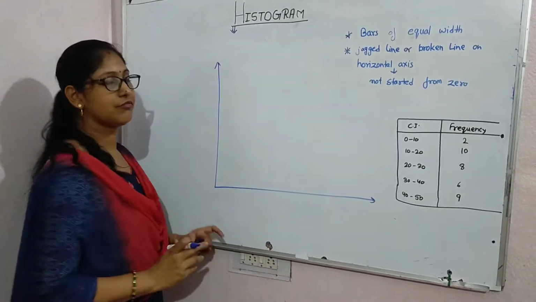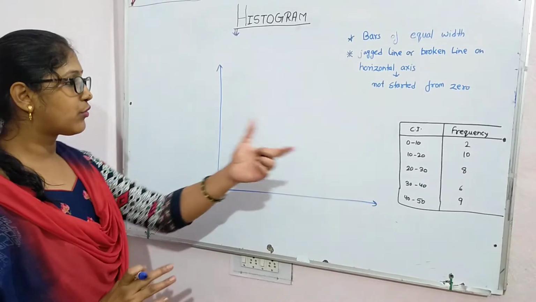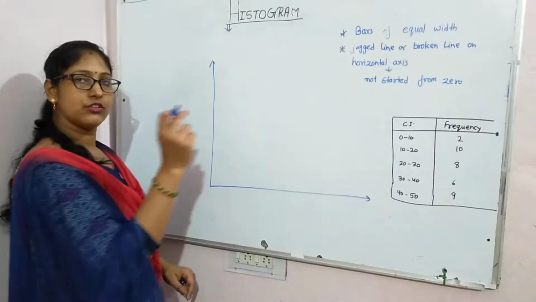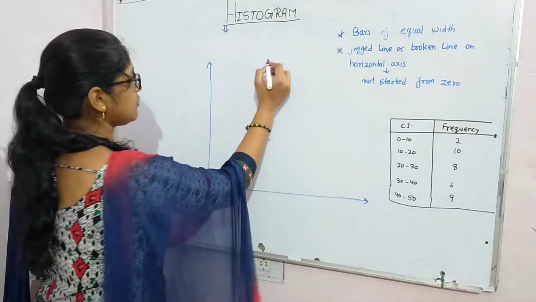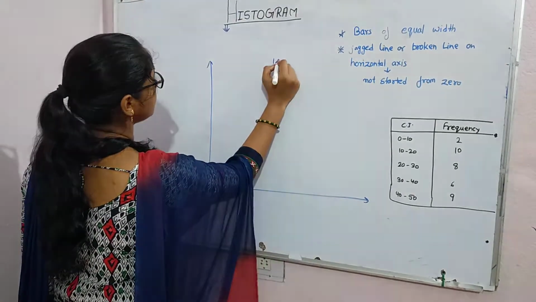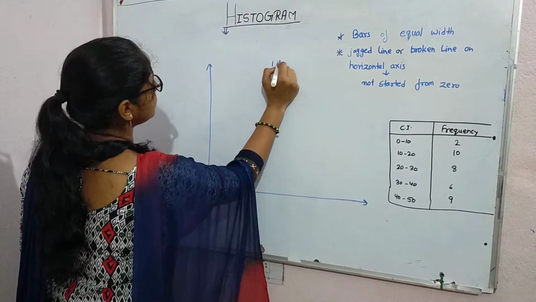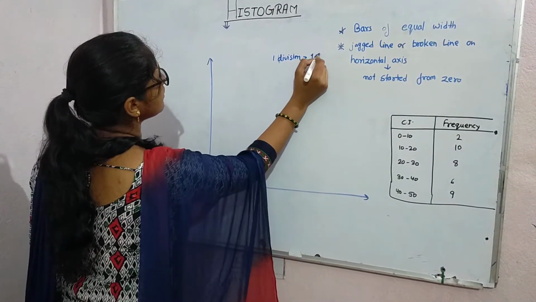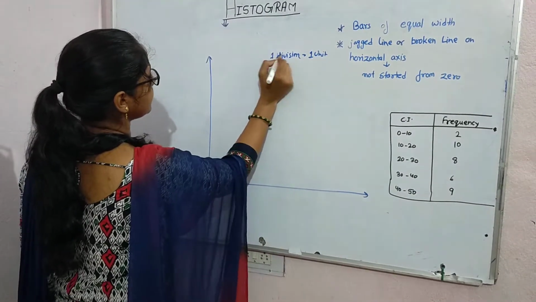Same as the bar graph, we have to choose a scale for the frequency. I see my frequency ranges 2 to 10, so I choose one division is equal to 1 unit.